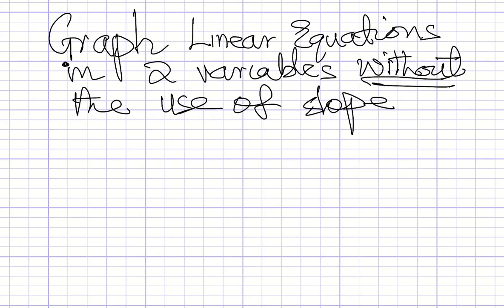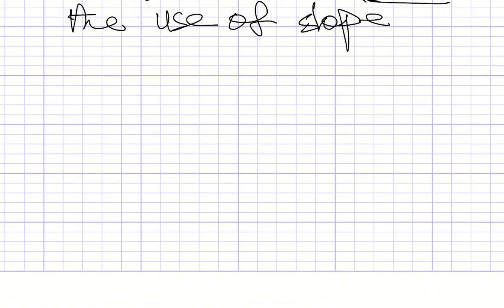That way you can understand the importance of slope. We'll have 8 graphs lined up for you. We're going to show you how you graph them without slope, and then later on we'll graph them with slope. Now, let's look at the first one.